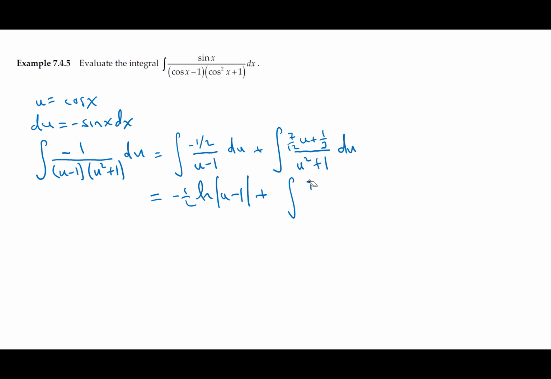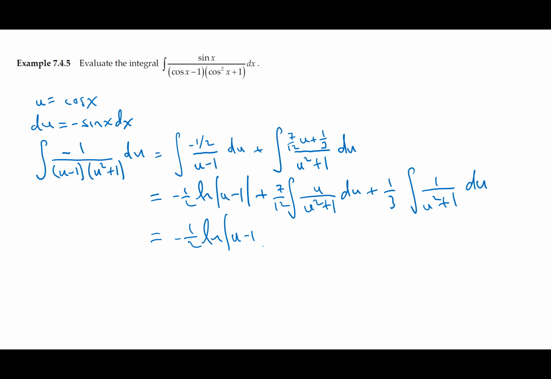We have 7/12 u over u squared plus 1 du, and then plus 1/3 integral of 1 over u squared plus 1 du. So we have -1/2 natural log absolute value u minus 1. And then for this u squared plus 1, I could do a u substitution on that if I wanted.